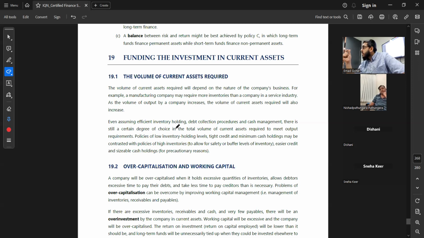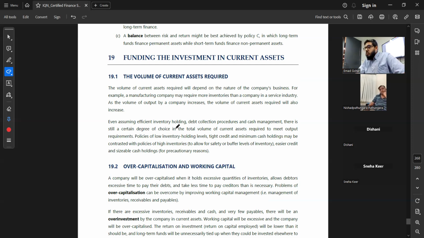We discussed inventory, how much inventory we should hold. Factors to consider. Remember, not too much, not too low. Right or not? Same they are telling you, how much current assets you should keep. What are current assets? Receivable, inventory, and cash.